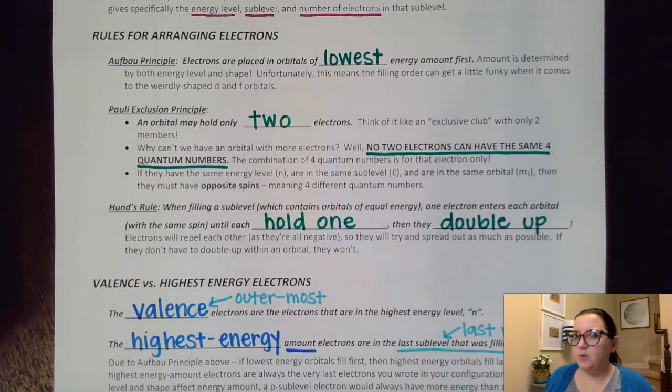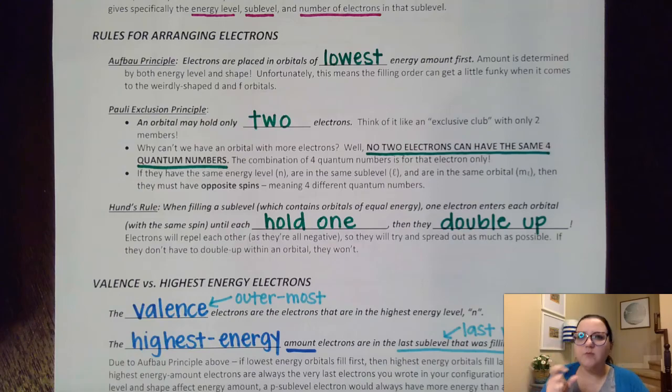You remember how we wrote down 4s before we wrote down 3d? That is because even though it's in a higher energy level number, 4s electrons actually have less energy amount than 3D electrons do. And that's because of the weirdness of the shapes of those D electrons.